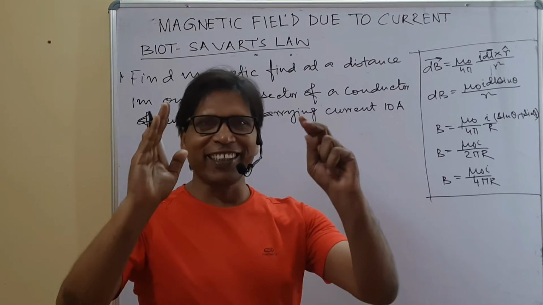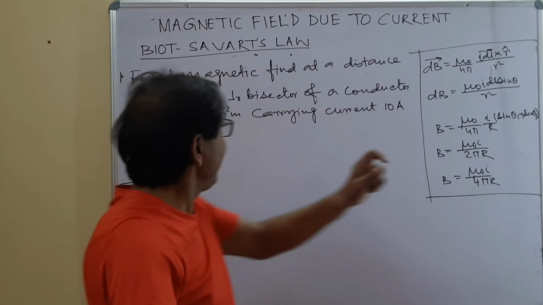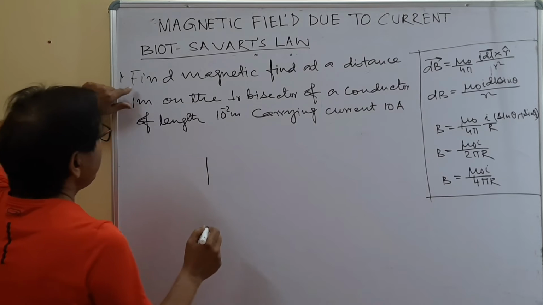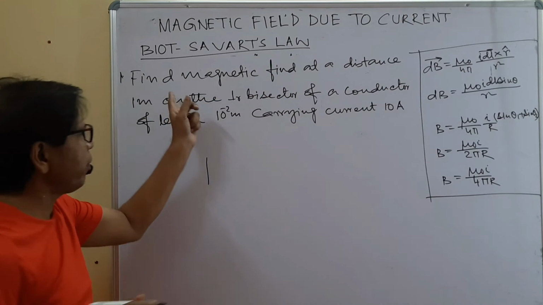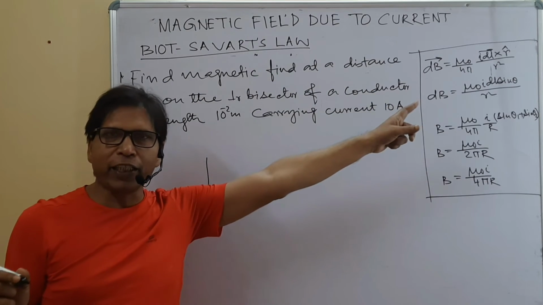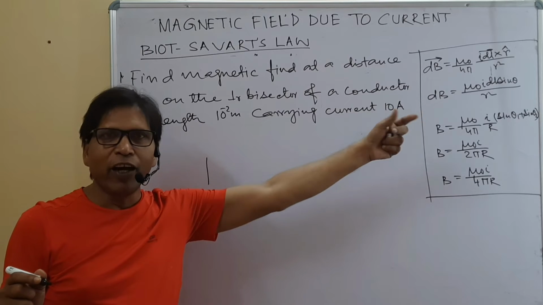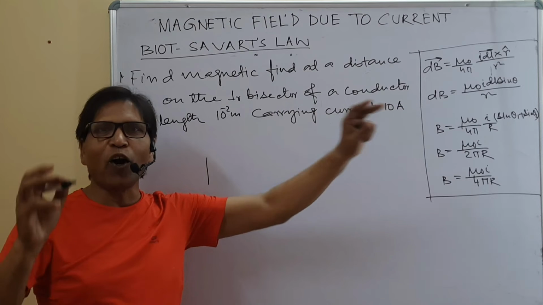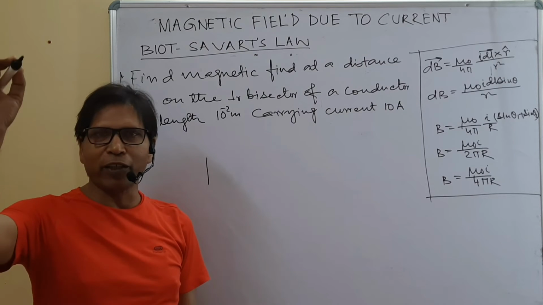This is question number 1. This is a conductor. Find the magnetic field at a distance of 1 meter on the perpendicular bisector position of a conductor of length 10 to the power minus 2 meter.